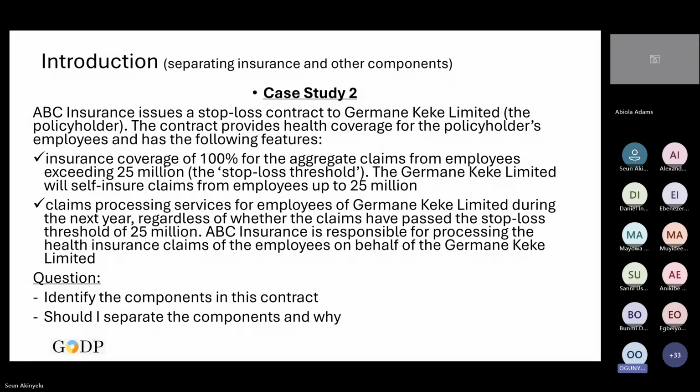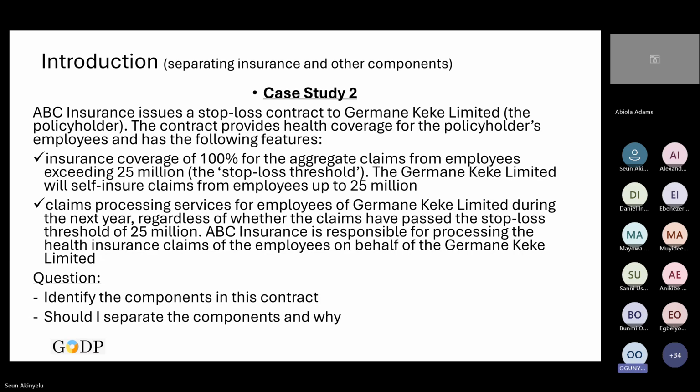because in respect of what happened, the Germain Keke must pay them. And this can be treated through the OCI in the financial statement.